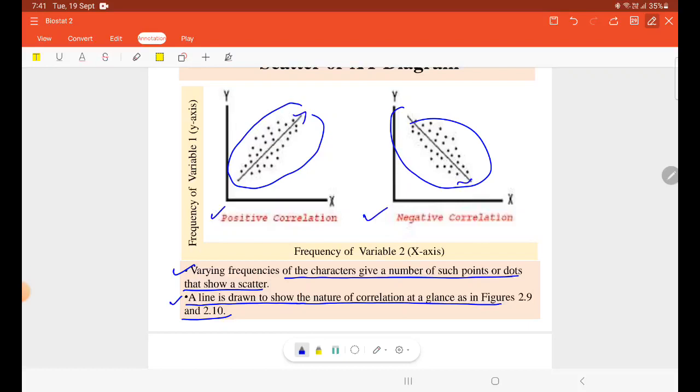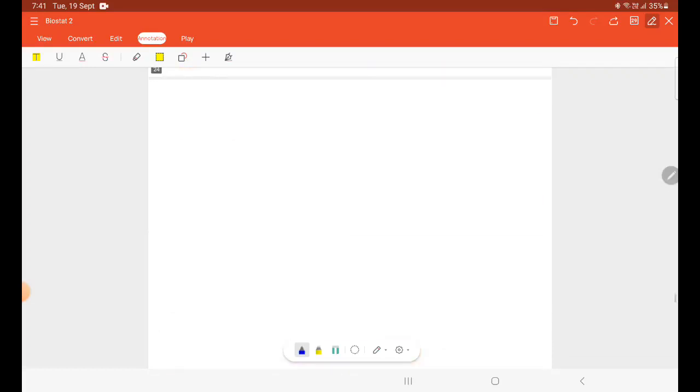So what we do here, say two observations together, for example age and height, say height for age. Let us do it here.